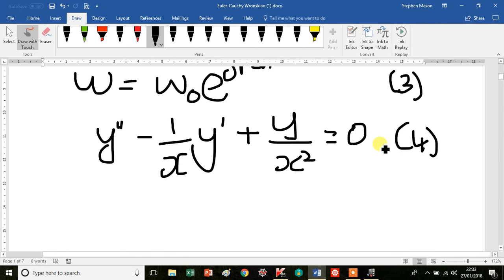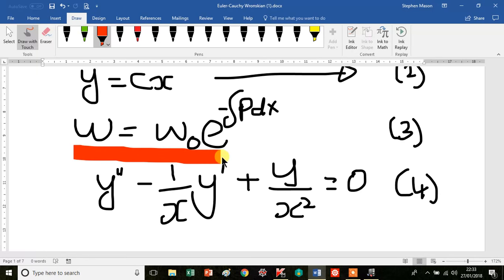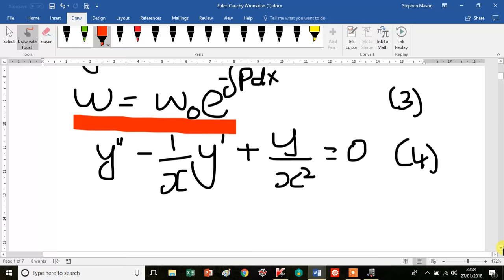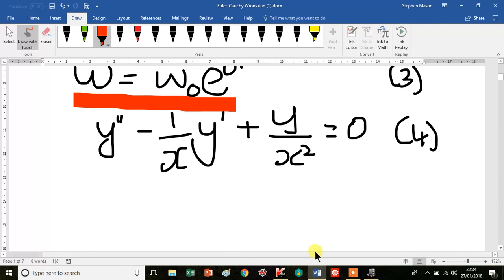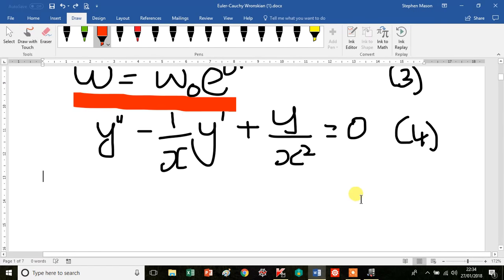Okie dokie. Right, now let's go back to the Wronskian. I've stated the Wronskian here, but I'm going to use this Wronskian to try and guess a solution. And when we've got that solution, we then need to substitute it back into equation 4 or equation 1, it doesn't really matter which, to see if it is a solution for reasons I've already given, that we want to see if this side here is equal to 0.